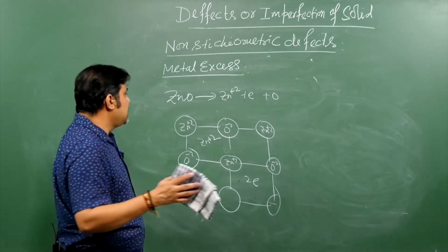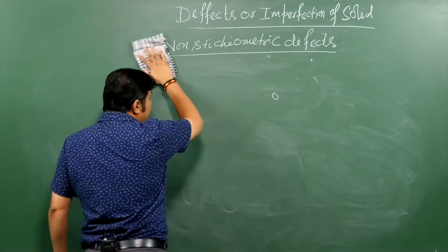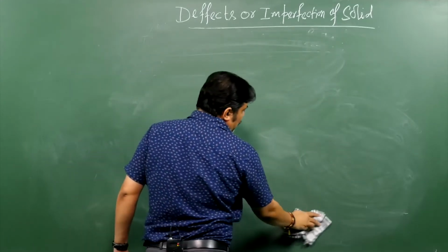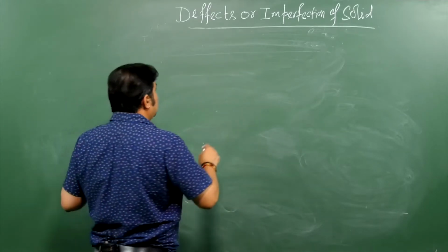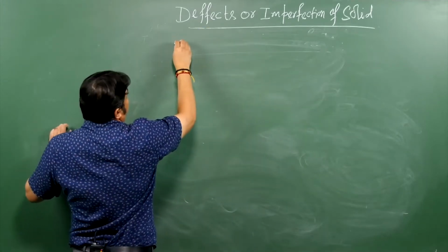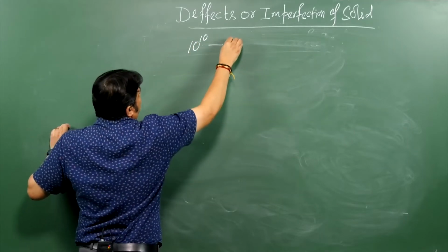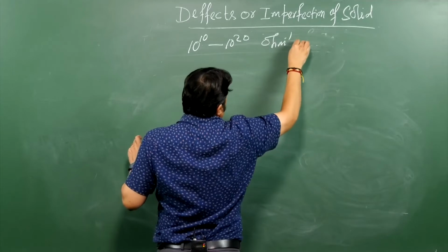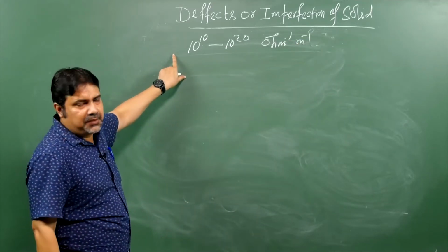So let us focus on the conductivity properties of a solid. Any substance which has a conductivity value in ohm inverse meter inverse of 10 to the power 10 to 10 to the power 20 is called a conducting material, a highly conducting material.